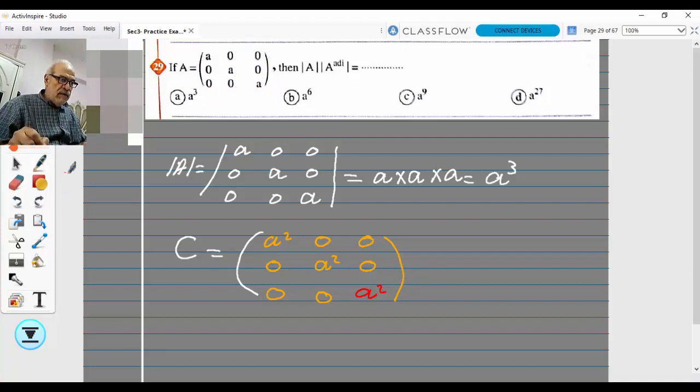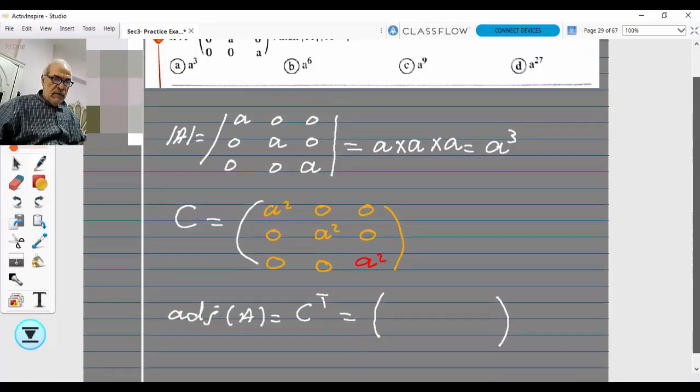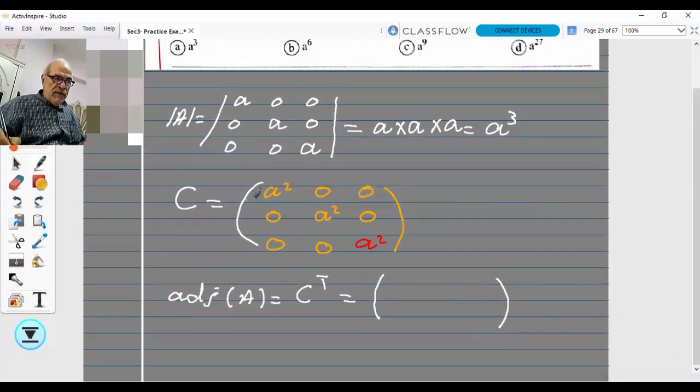Now, the adjoint of A equals the transpose of C. How do you make the transpose? Make the first row the first column.